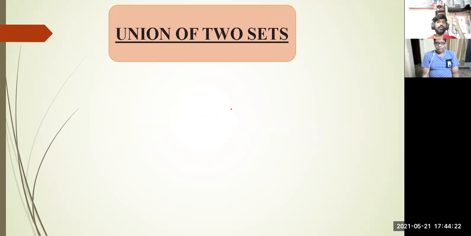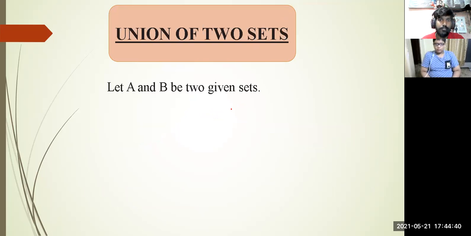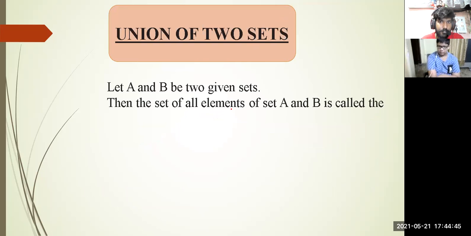Now the last is the union of two sets. Just by the name, can you tell me what would be union? Together, sir. Yes, correct. Combine, all together. That is the union of two sets. Let's say A and B are two sets given to you. Then the set of all elements of set A and set B together is called the union of two sets.